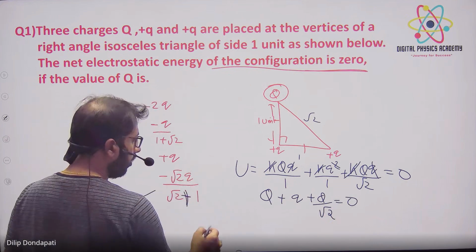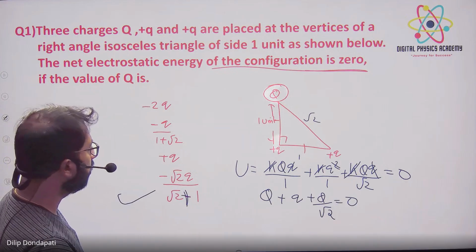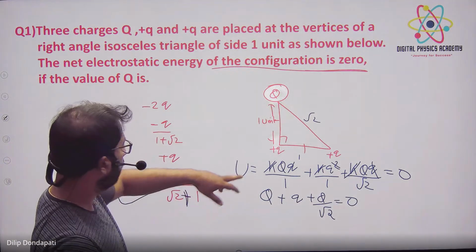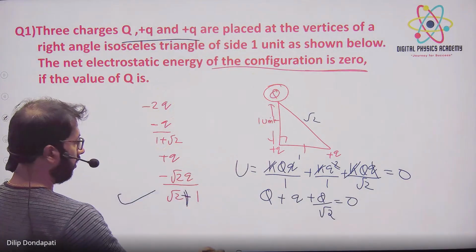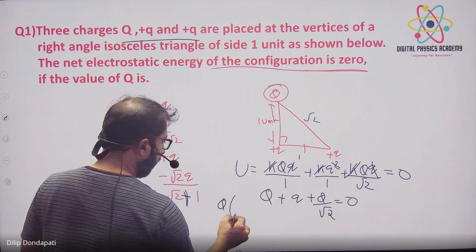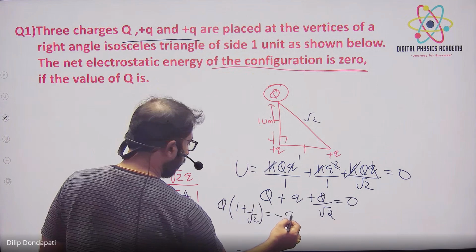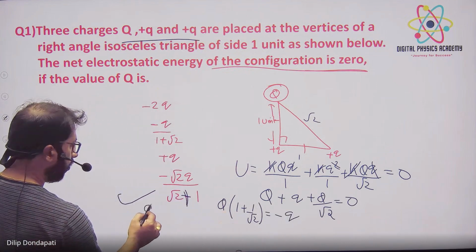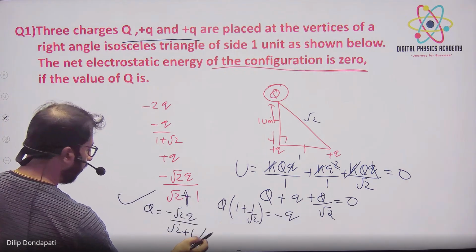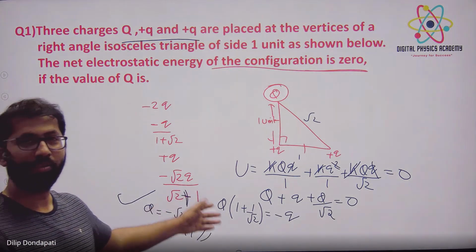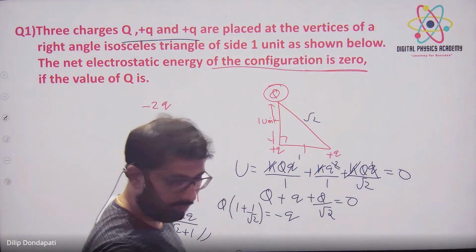You shouldn't take it without sign, with sign only. Was a negative sign given? No, negative sign not given. If I take q common, 1 plus 1 by root 2 is equal to minus Q. So Q is equal to minus root 2 q by root 2 plus 1. I changed the name. Okay, so this concept of the operation is done.